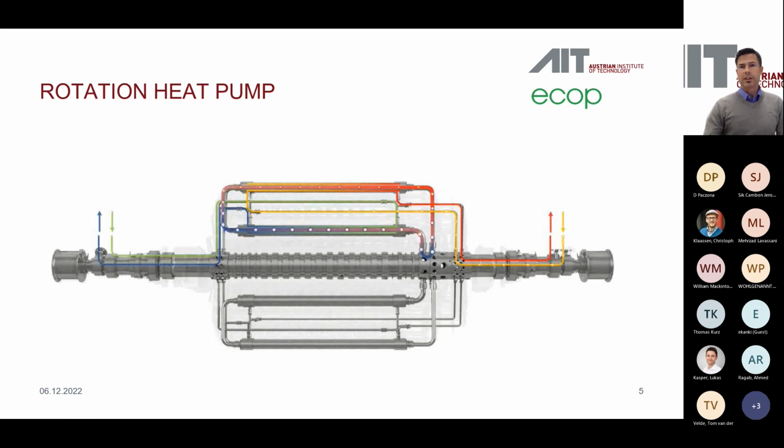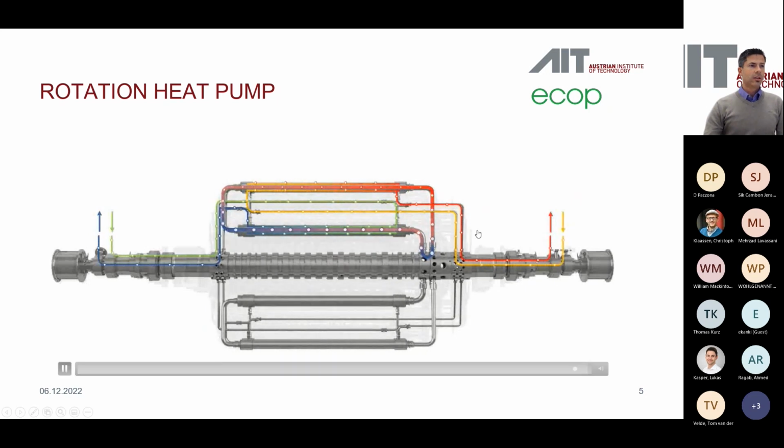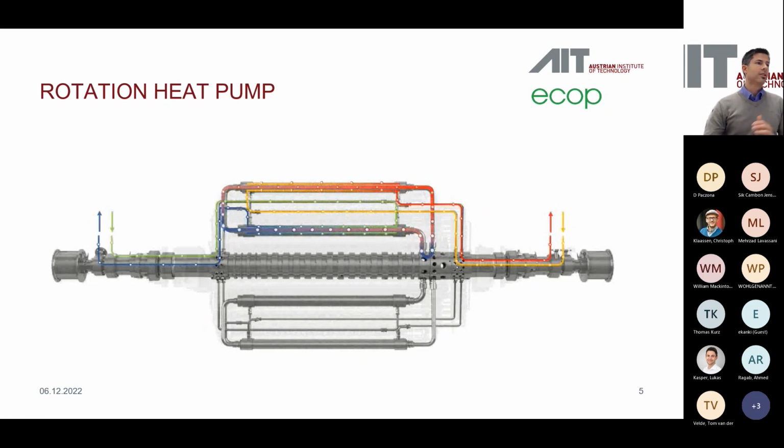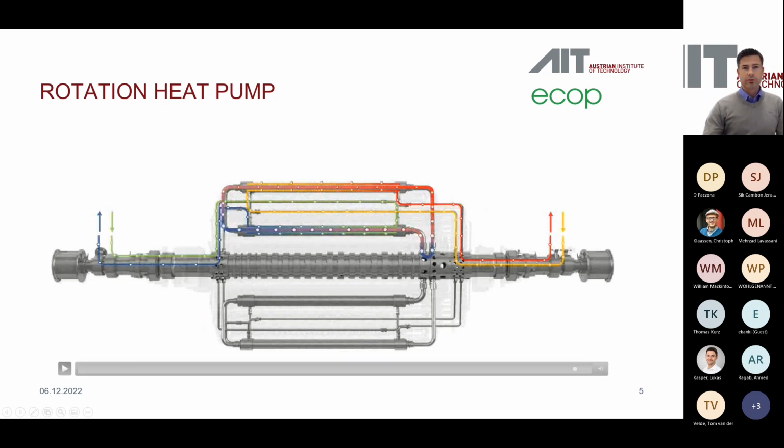And from the right side, we see now the water coming in. It's the heat sink side because it's on the outer heat exchanger at the rotor. And now from the left side comes the source side, the water, which also goes like the sink side through the stator and coming into the rotor also on the sink side. So we need some mechanical sealing between stator and rotor. This is just one challenge to be solved for this system.